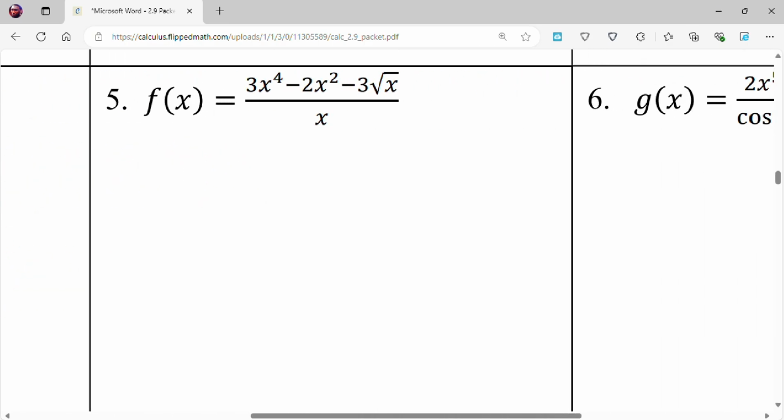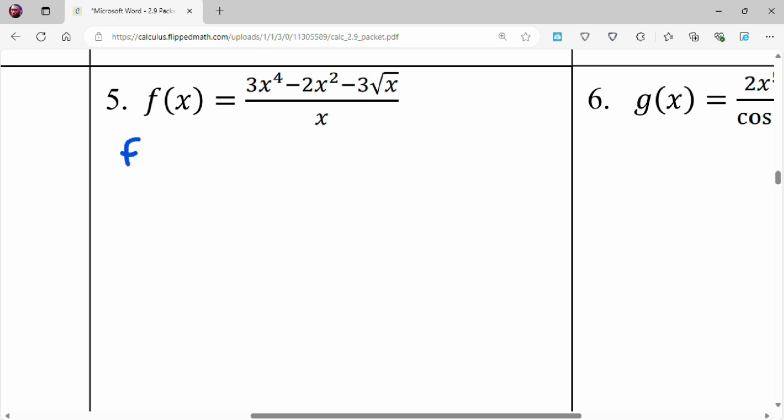Next, we have f of x equals 3x to the fourth minus 2x squared minus 3 times square root of x, all over x. Again, this is similar to question 3, where we had multiple terms in the numerator and only one term in the denominator. So what we can do is make each term into a fraction. So we don't need the quotient rule.